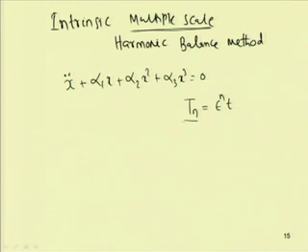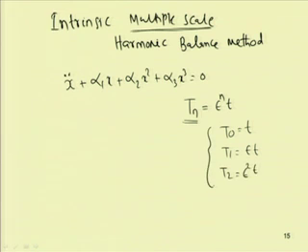So, these are the time scales. So, different time scales, for example, T 0 equal to t, T 1 equal to epsilon t, similarly T 2 equal to epsilon square t.